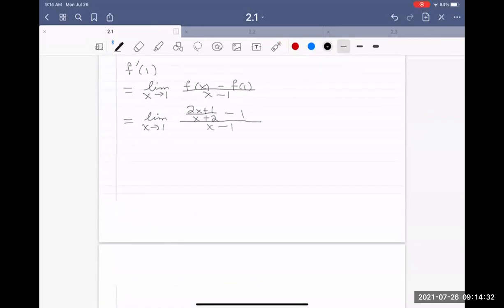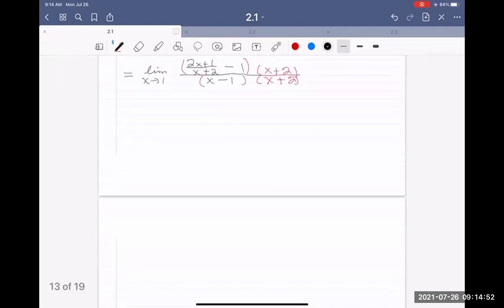over x minus 1. So let me try to simplify this. First, let me get rid of all my denominators. So let me multiply and divide by x plus 2. So this is equal to the limit as x approaches 1.